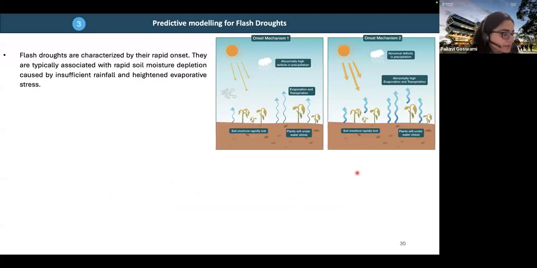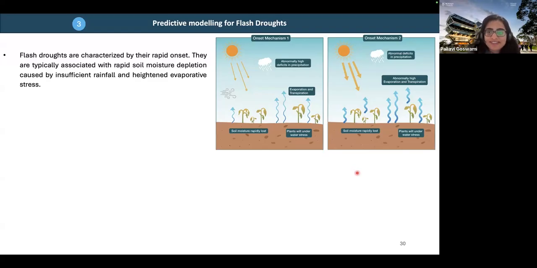So very quickly, I'll come to the last bit, which is the flash drought part. This is something that I've been doing recently in my postdoc. Flash droughts are droughts that have a very rapid rate of onset. They start very quickly compared to the conventional idea of a drought, which is a creeping phenomenon that takes weeks and weeks to show signals on the ground.